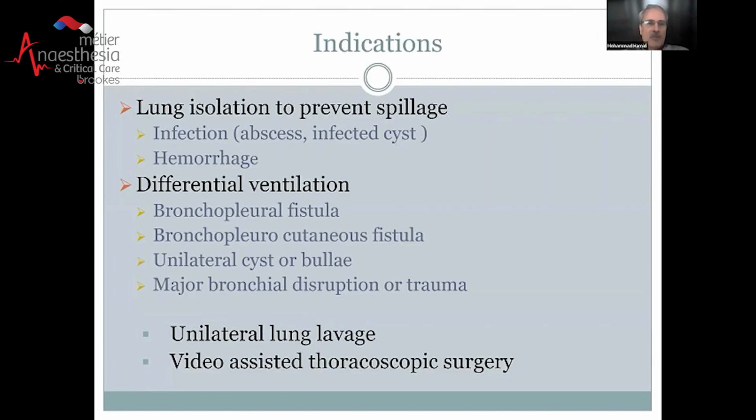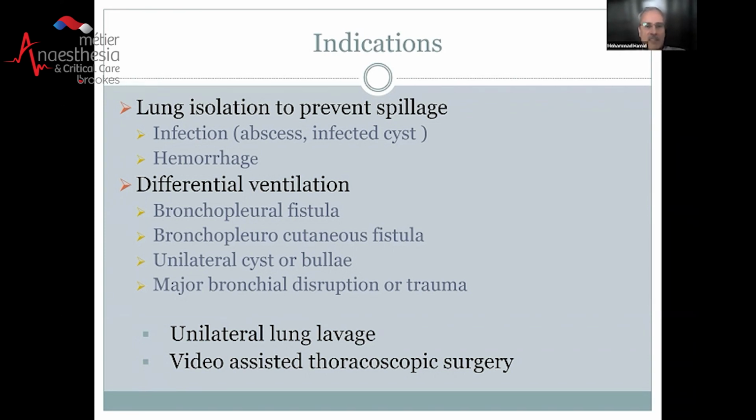So about lung isolation, there are certain indications. Lung isolation is required to prevent the spillage of infection or hemorrhage from one lung to the other lung. For example, an abscess in the right lung, you want this abscess to be contained there or removed rather than spreading to the other lung.